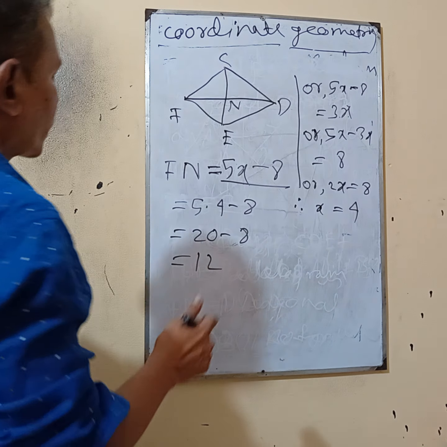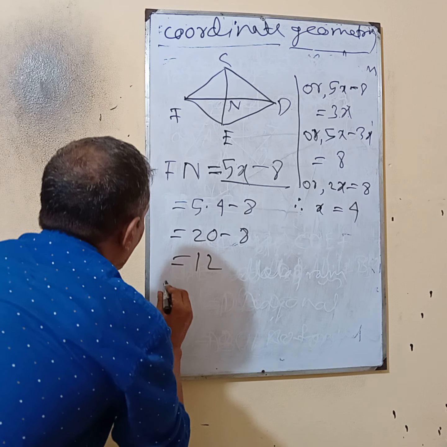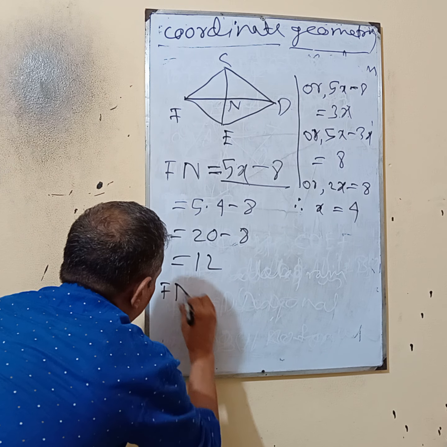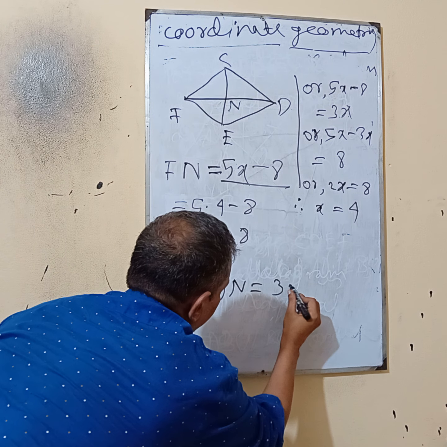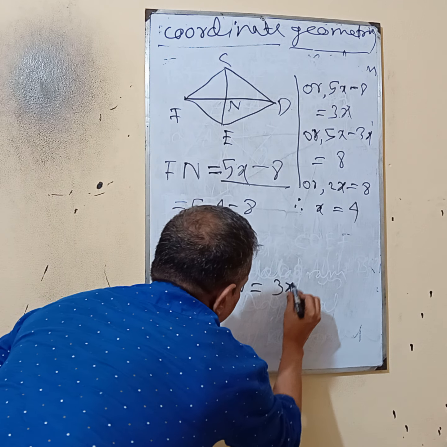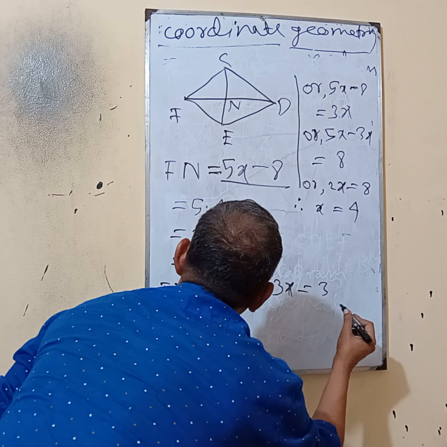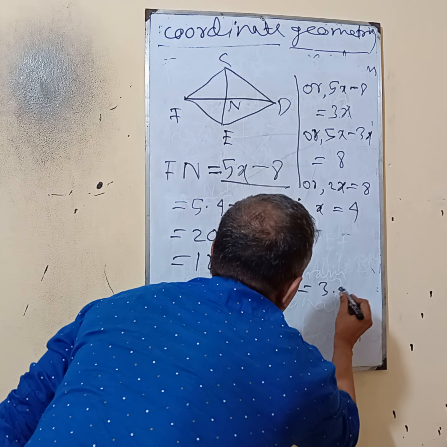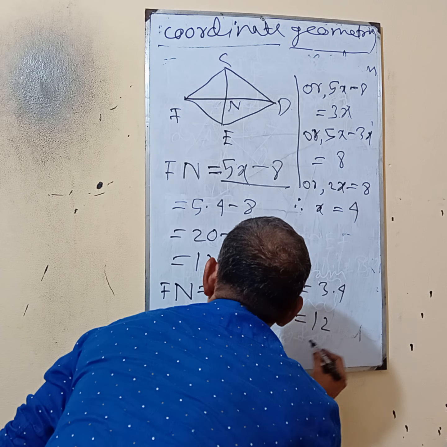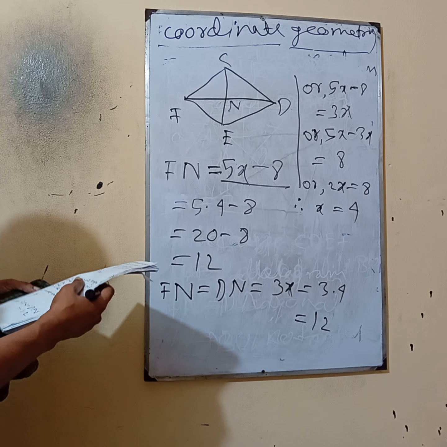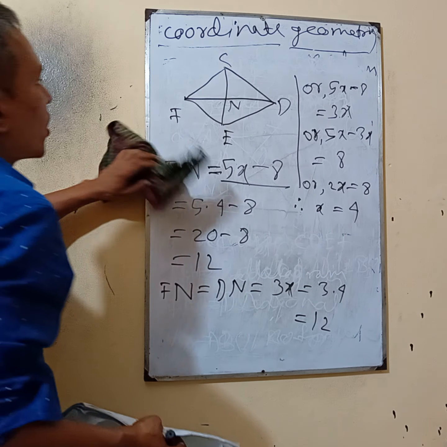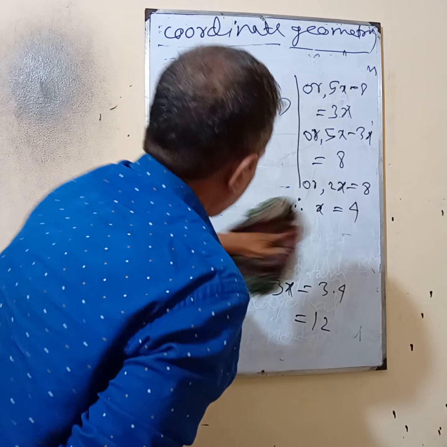And DN is equal to 3 into 4, which is 12. So FN is equal to DN.